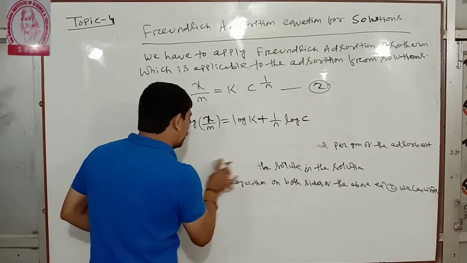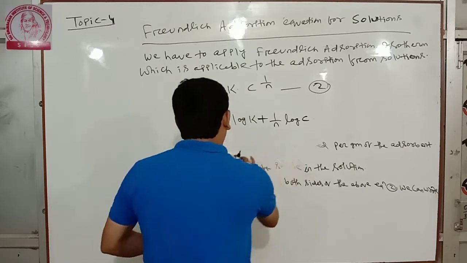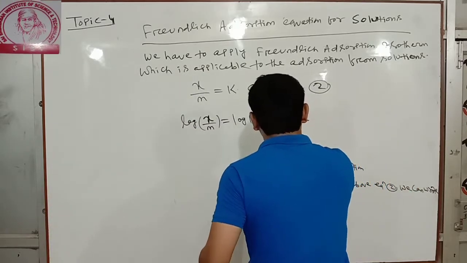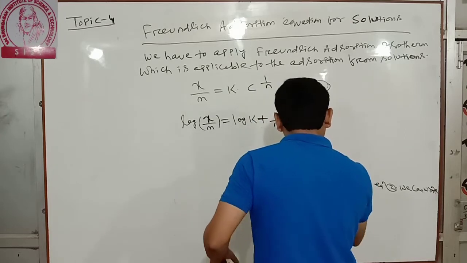Log x by m equal to log k plus 1 by n log c.